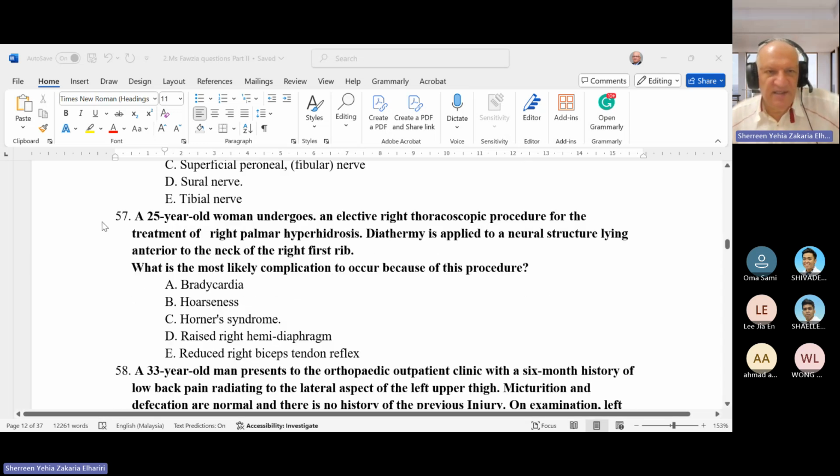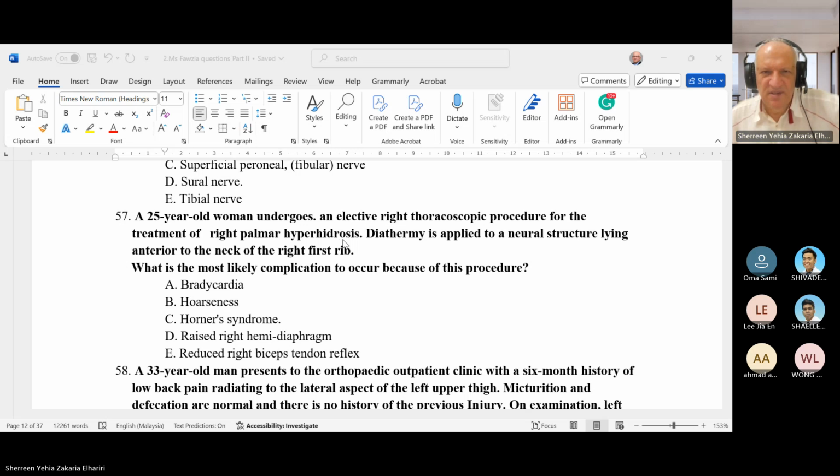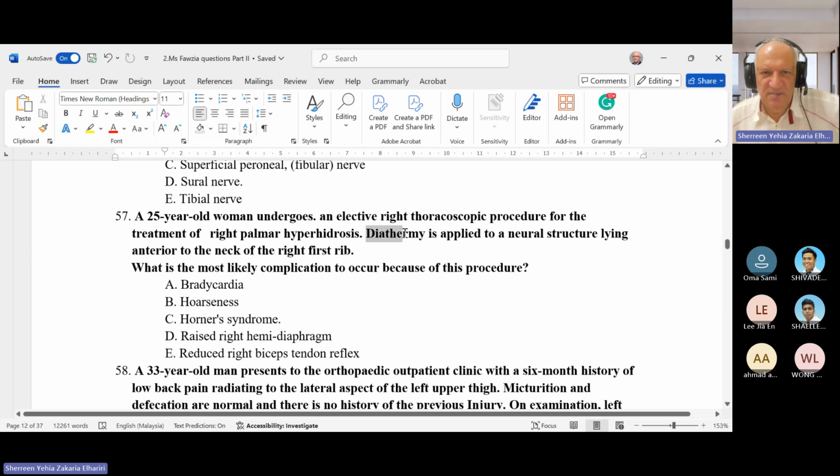Next question is a 25 year old woman undergoing an elective right thoracoscopic procedure for treatment of hyperhidrosis. Diathermy is applied. Again, we mentioned it is not good to use diathermy. It's better to use something like ultrasound wave or a harmonic scalpel. Diathermy is applied to the neural structure lying anterior to the neck of the right rib. What is the most likely complication to occur from this procedure?